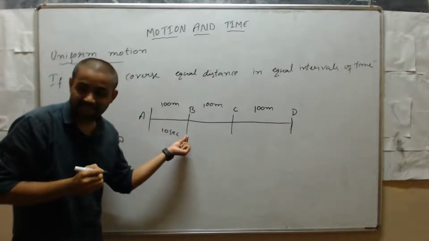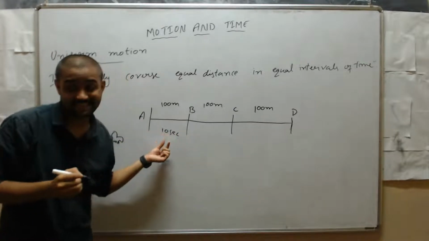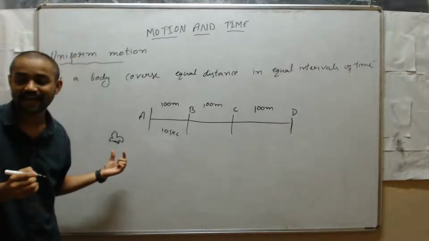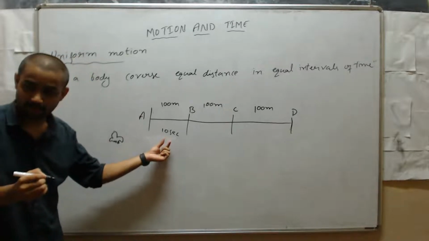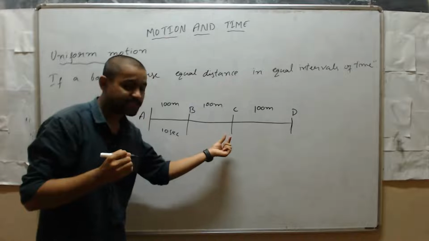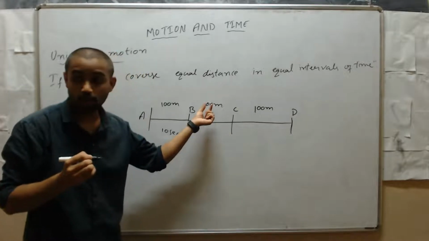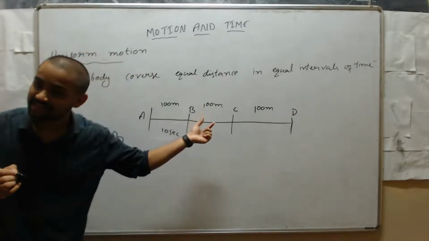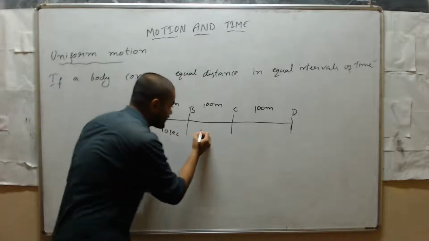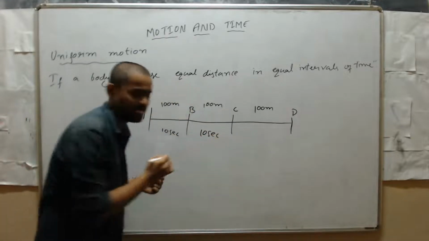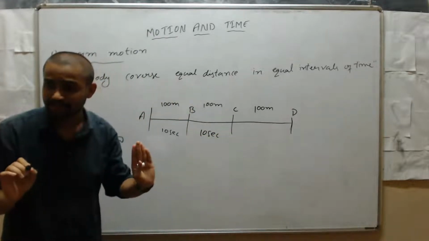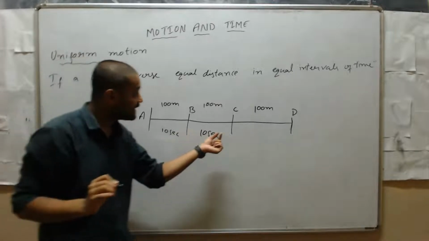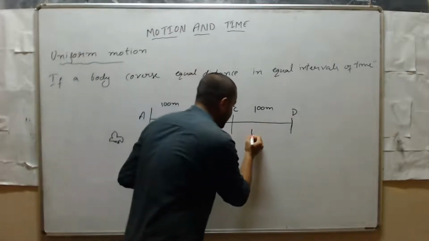Then again from B to C, the distance is 100 meters, and again it takes 10 seconds. Same speed, is it? Then again from C to D it takes 10 seconds.